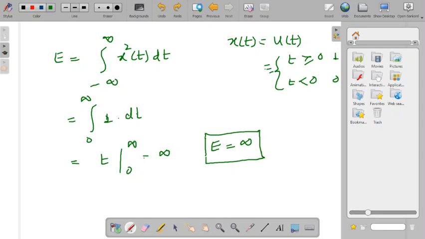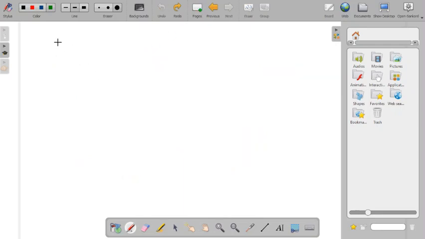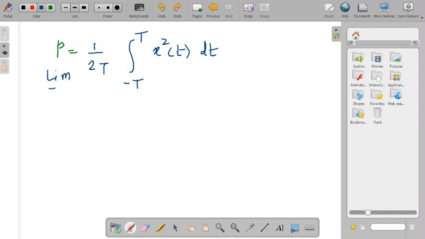Let us check what shall be its power. So power is given by 1 over 2t integral minus t to plus t, okay, x square t dt. This is our formula. Here limiting case is there, obviously, limit t tending to infinity.